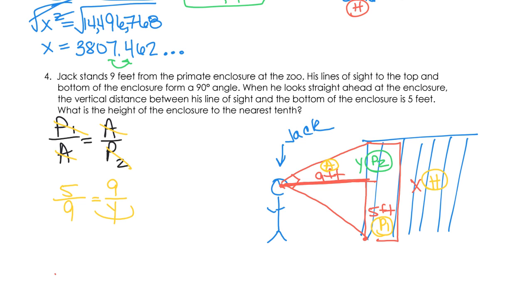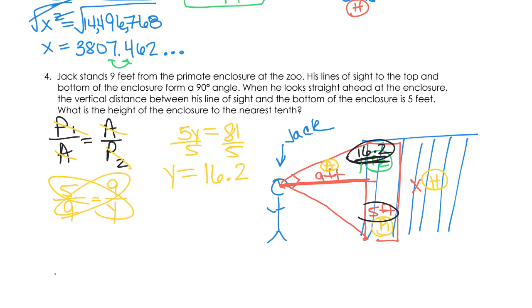We'll cross multiply and we end up with 5y equal to 9 times 9, which is 81. We'll divide by 5 and y comes out to equal 16.2. So when we go back, we have to remember that we just solved for our second projection, which is 16.2.